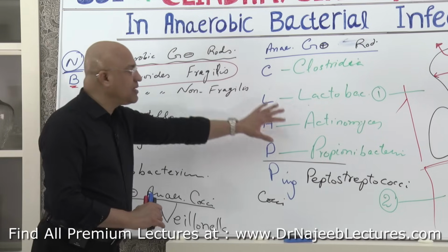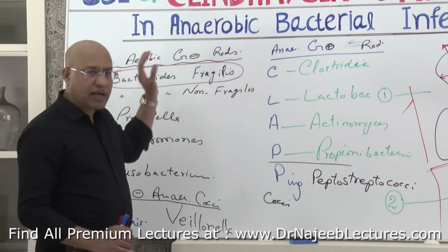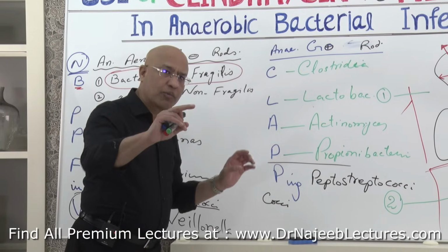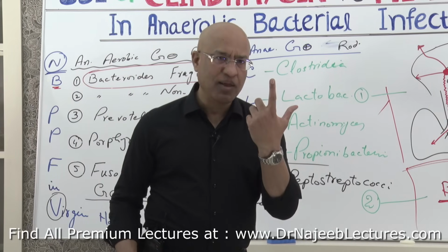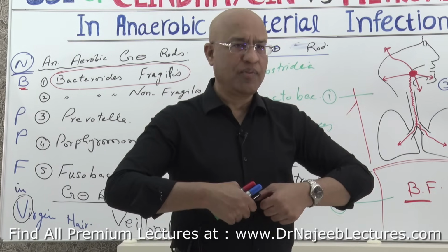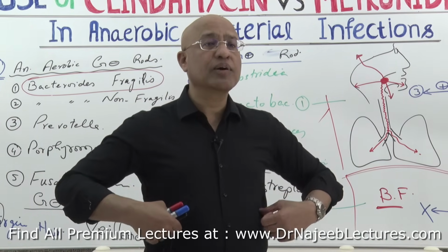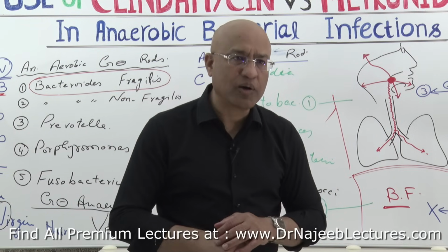So what did I highlight? Out of all these gram positive and gram negative anaerobic organisms, you have to remember at least three things. Number one, all anaerobic infections above the diaphragm are mainly derived from oropharyngeal microbiota.